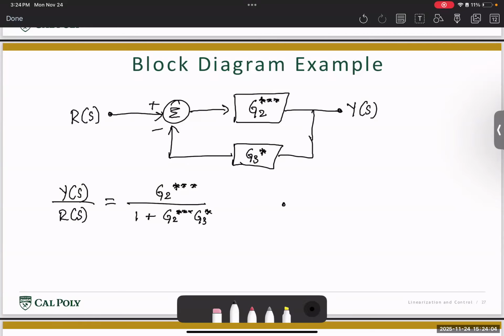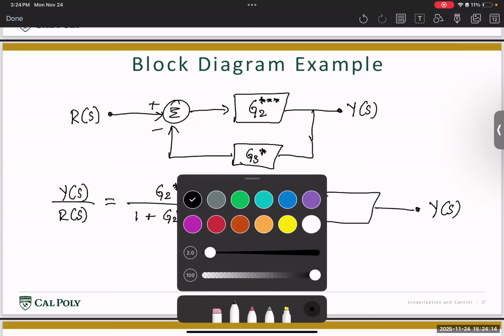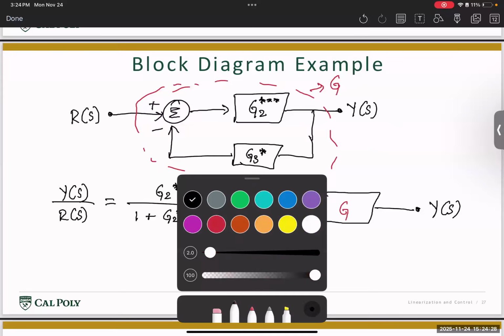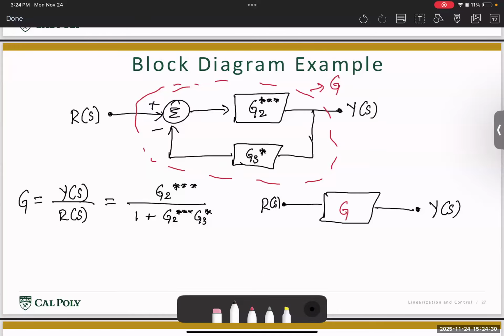Then this reduces the transfer function to Y of S is nothing but some gain times R of S. Let's assume that I'm going to call this whole feedback block G. Then here the gain G is given by this value that we just discussed. Here the total gain G is given by this.